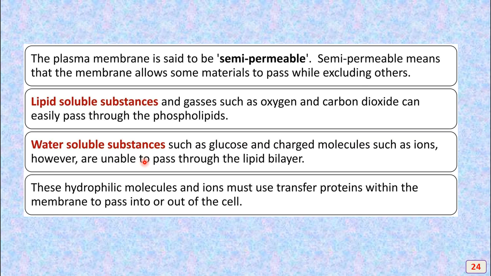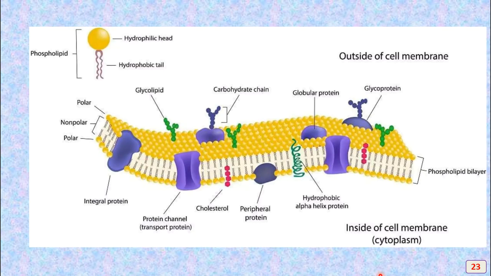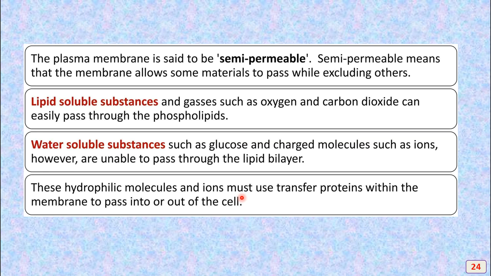Then lipid soluble substances and gases, for example oxygen gas and carbon dioxide, can easily pass through the phospholipid membrane. They can easily pass through, any lipid soluble substance, whereas for water soluble substances it is not so easy.